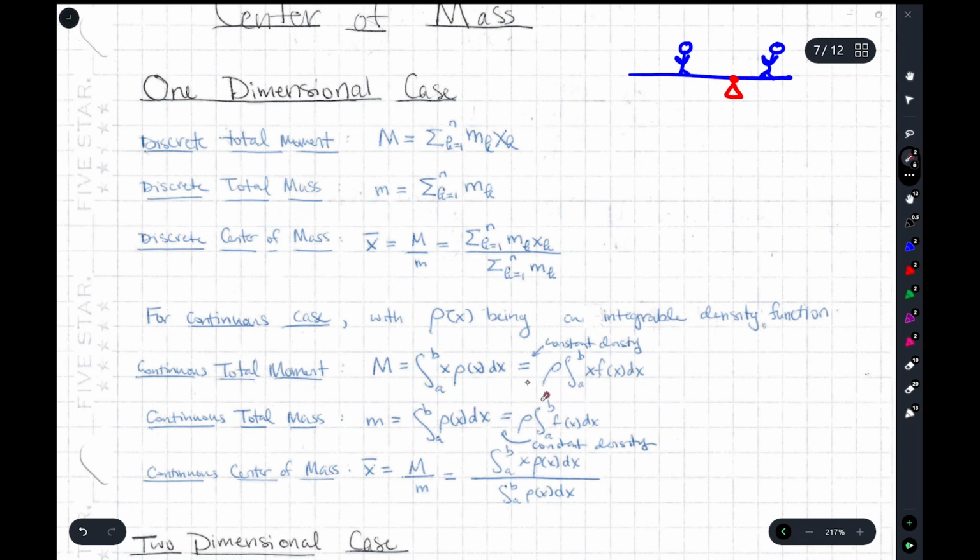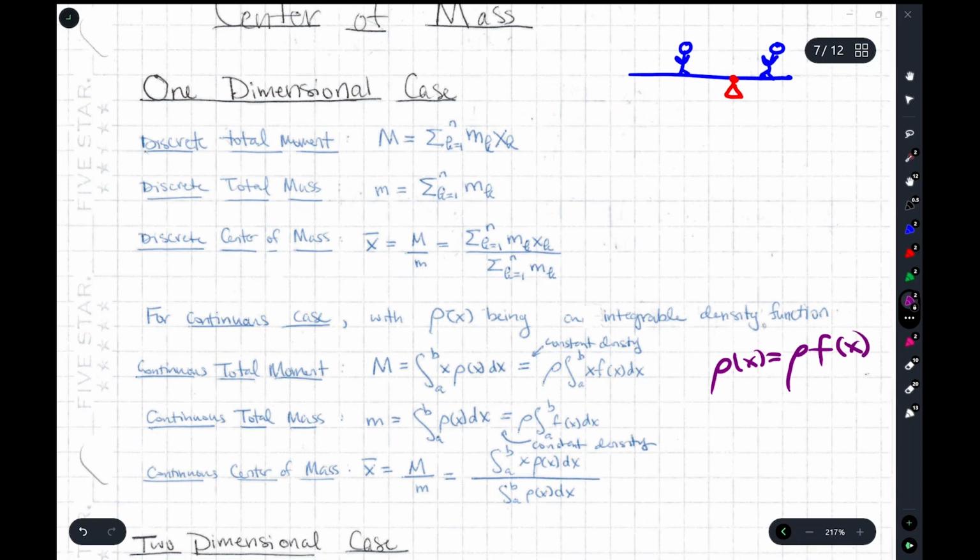If rho is constant and you have a shape f of x to give the shape of the density, then you'll have x times f of x there. That's the special case where rho of x is equal to rho times f of x.